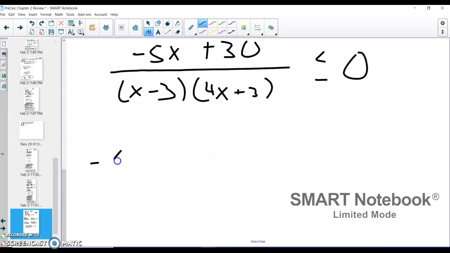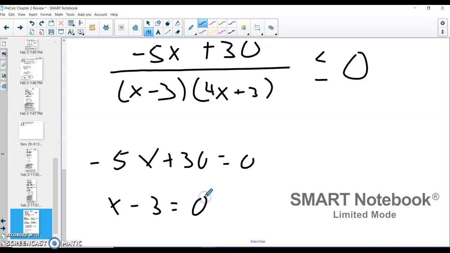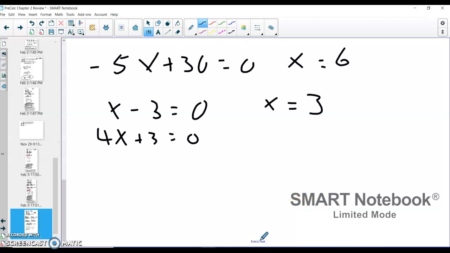We set the numerator equal to 0, so negative 5x plus 30 equals 0. I get x minus 3 equals 0, and 4x plus 3 equals 0. Doing this one here, subtract 30, divide by negative 5, you get x equaling 6. Here you get x equaling a positive 3, and here you get x equaling a negative 3 over 4.